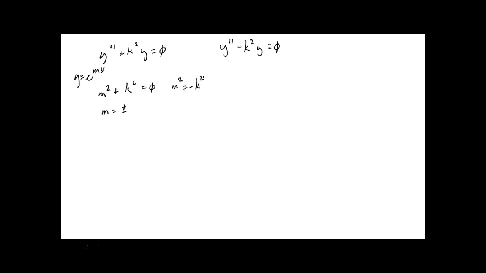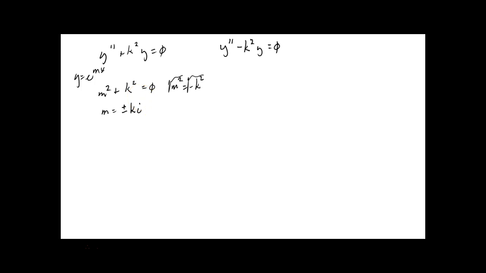Plus or minus k, except we're taking the square root of both sides. So k, or ki. I didn't need to write the plus or minus. Plus or minus ki. Put a dot over it.